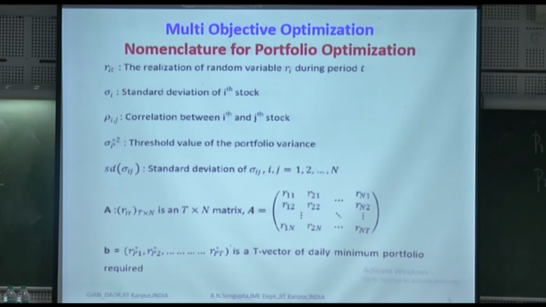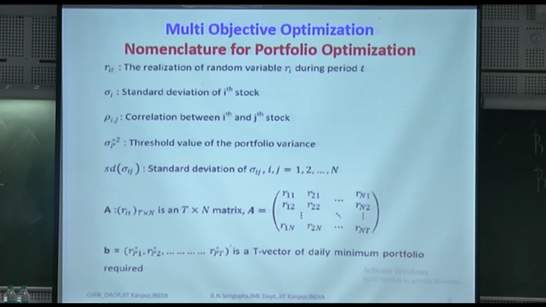So now what are the other variables? Because I skipped to the initial PPT, let me continue the nomenclature explanation. R suffix IT are the returns for each stock for each day.